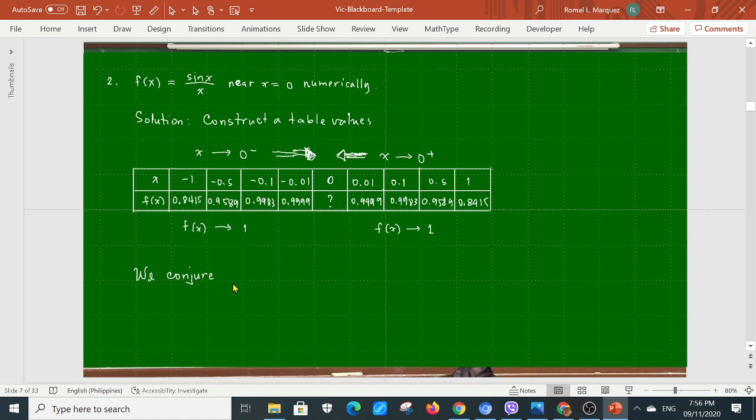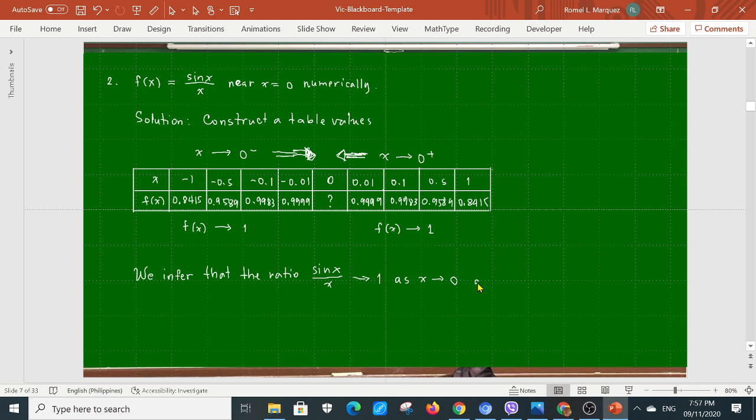Or we infer, if you do not want to use the word conjecture, we infer that the ratio sine x over x, take note x is in radian measure, a real number, approaches 1 as x approaches 0, both from the left and from the right.